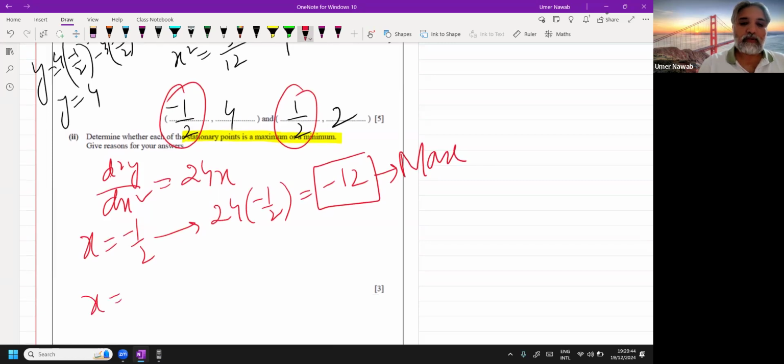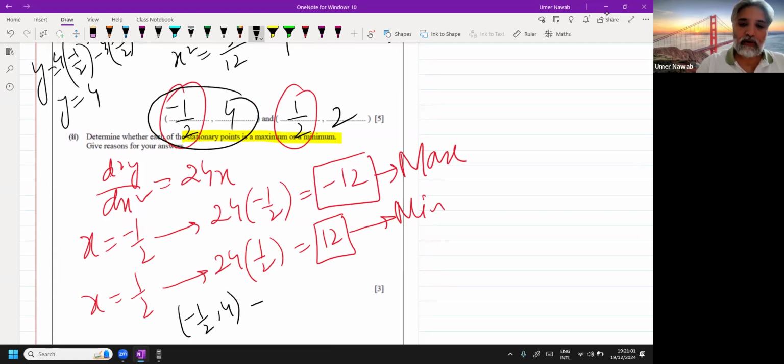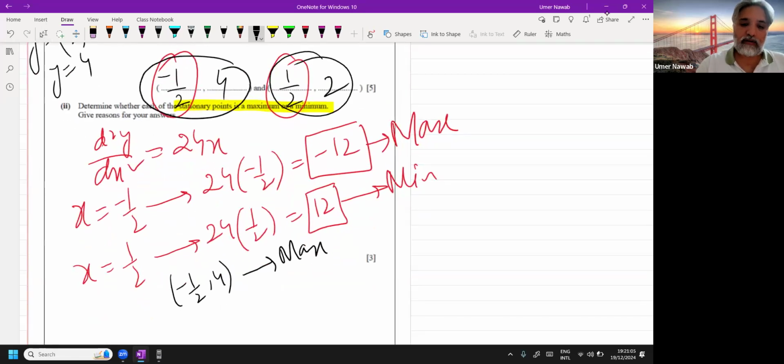But if you substitute half into the second derivative, it gives you 12. It's positive, so it's a minimum point. So you have to mention that negative half and 4 is a maximum point, and the second point, half and 2, will be the minimum point.